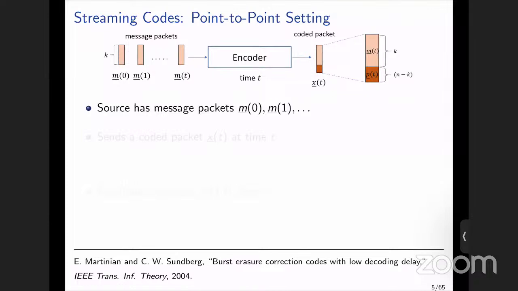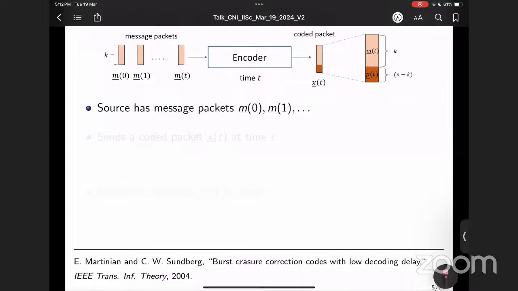So the setting goes as follows. There is a source which has message packets M0, M1, etc. And as you can see in the figure, each message packet has size K symbols. It could be bits, it could be some other higher sized alphabet, depending upon the finite field that we are using.